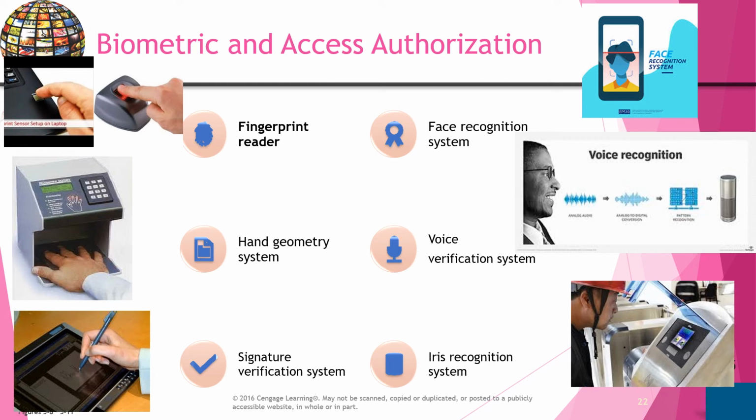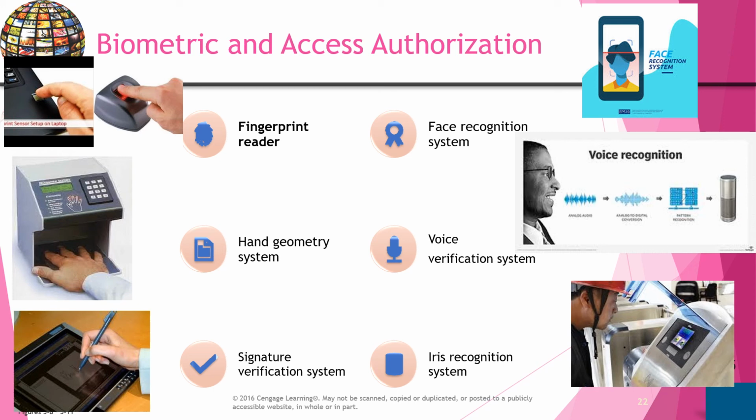Signature verification system, and you can see some postage companies are using signature verification systems, whereby you can just put your signature on the tablet or on the smartphone of the person that sent the package to you. The next one is face recognition system.